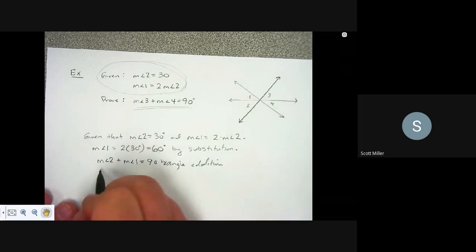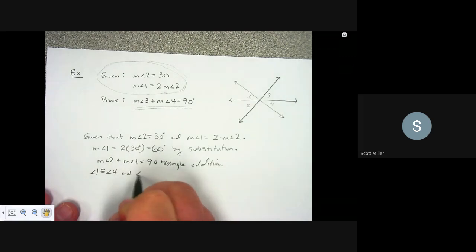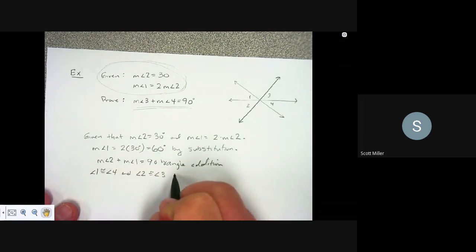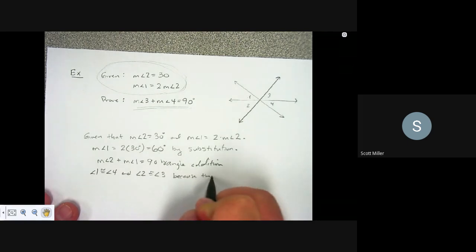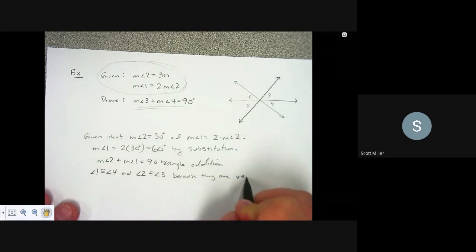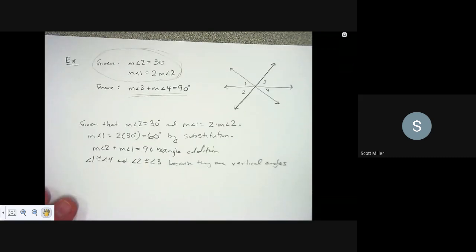So I can just simply say that angle 1 is congruent to angle 4, and angle 2 is congruent to angle 3 because they are vertical. Or you can just say definition of vertical angles.